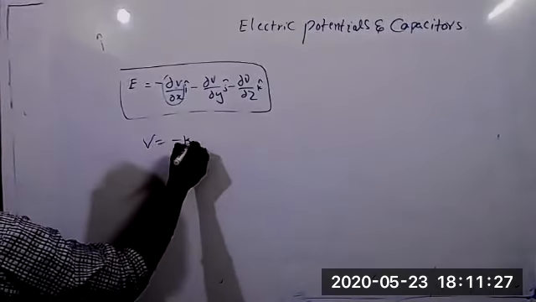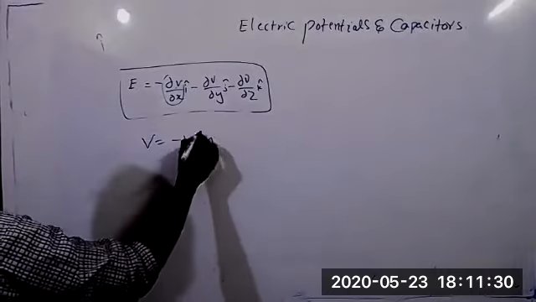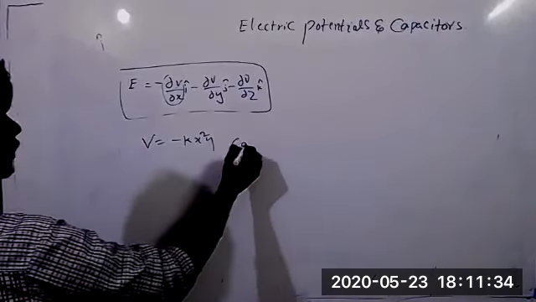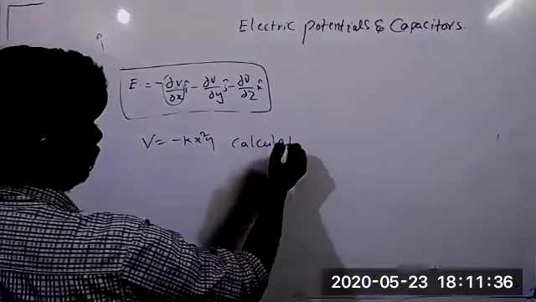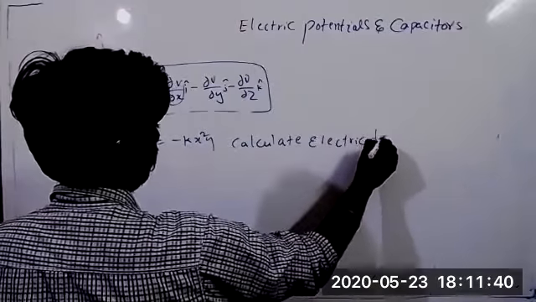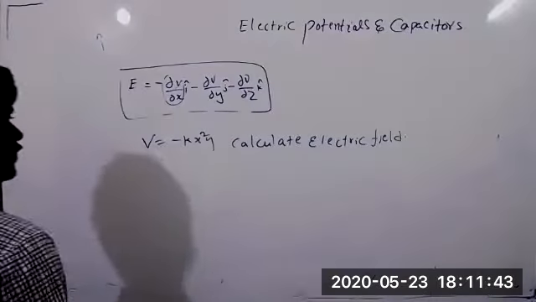V equal to minus k x square y. Calculate the electric field.